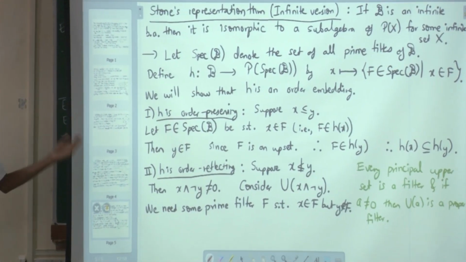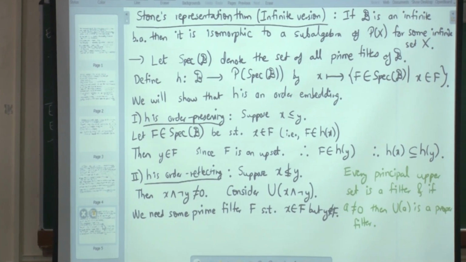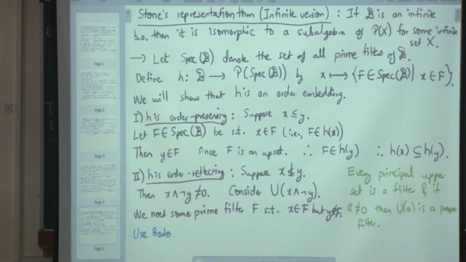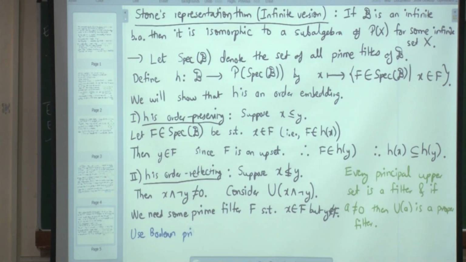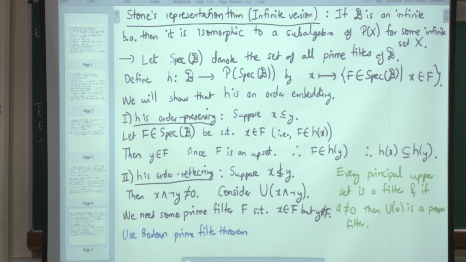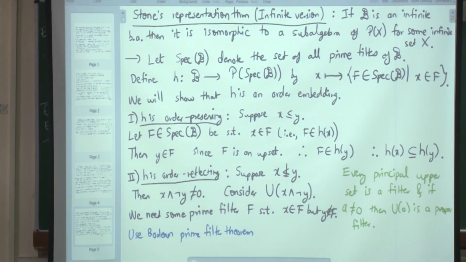So maximal filters, we are converting every proper filter into a maximal filter, that's Zorn's lemma. So use the Boolean prime ideal theorem, prime filter theorem. In literature, you will call it Boolean prime ideal theorem also sometimes, because ideals are complements of filters. They are downsets with exactly the opposite property.